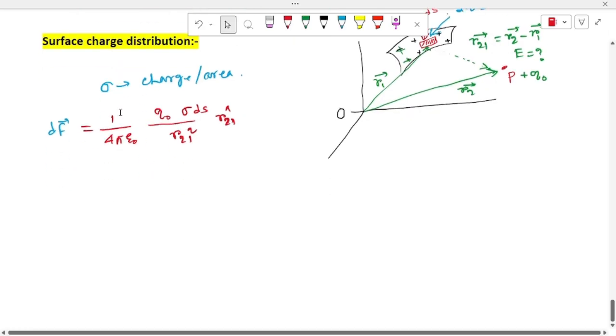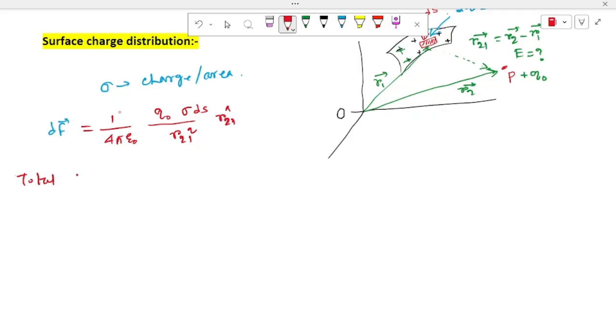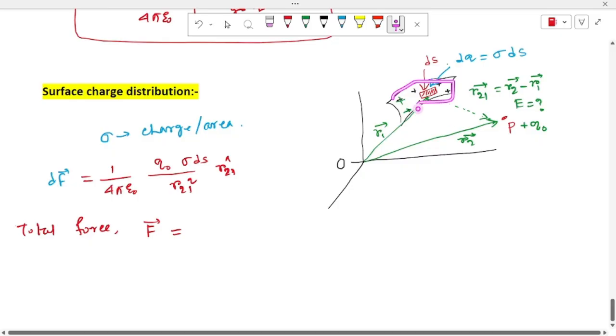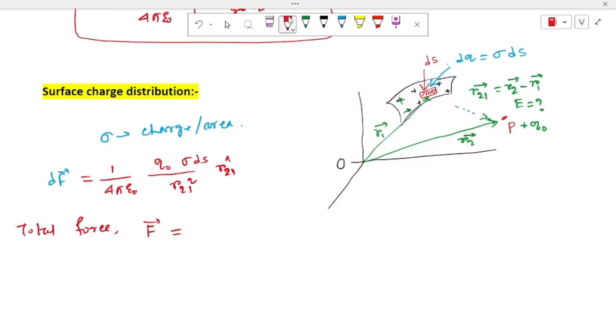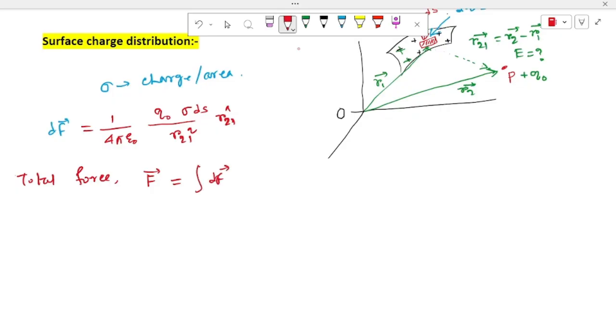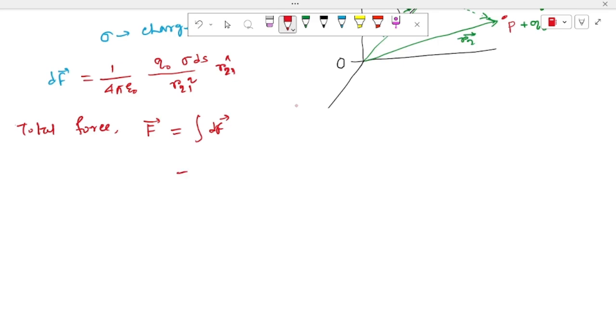So the total force due to this surface charge distribution will be, we'll integrate it, integration over df vector, which is equal to q naught divided by 4 pi epsilon naught integration over the surface sigma ds by r21 square r21 cap.